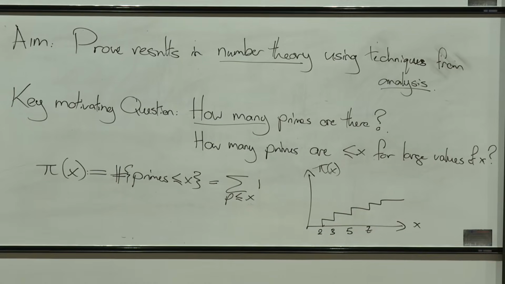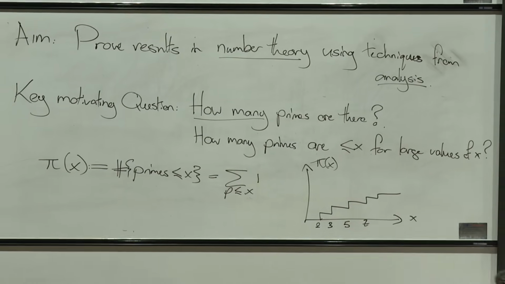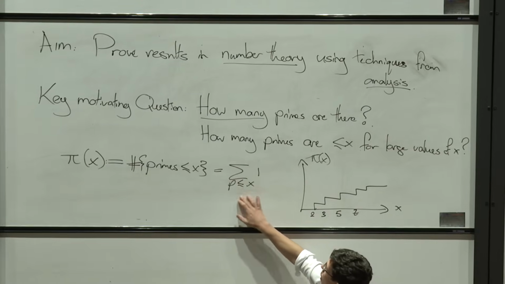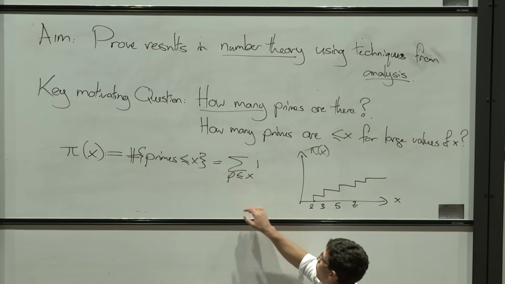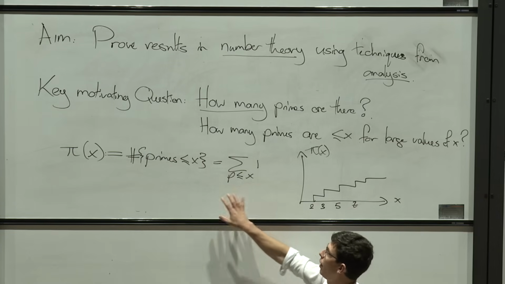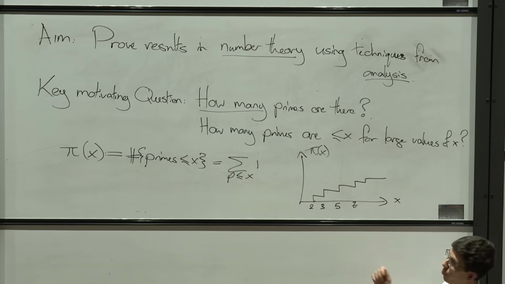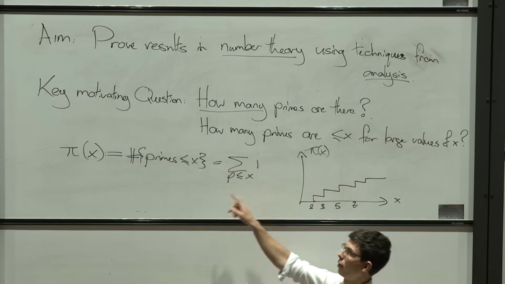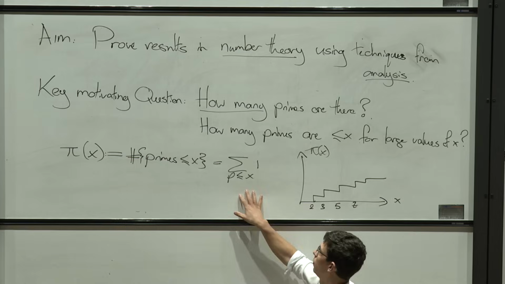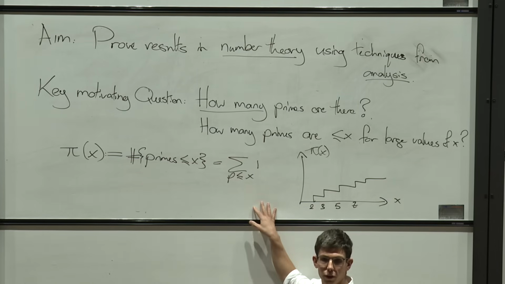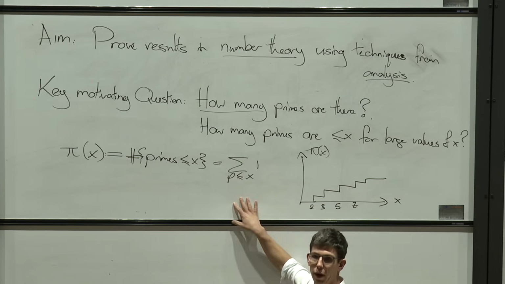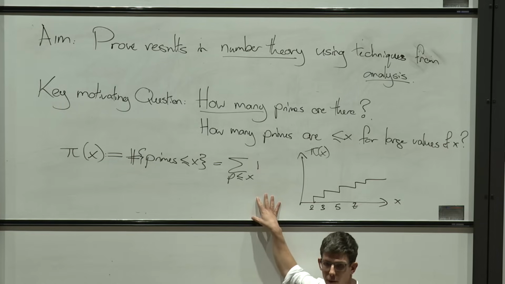And it's essentially unreasonable to expect a very clean answer for precisely the exact value of pi of x. This is a genuinely complicated arithmetic function, and so there's not going to be any simple way of determining the precise value of pi of x.